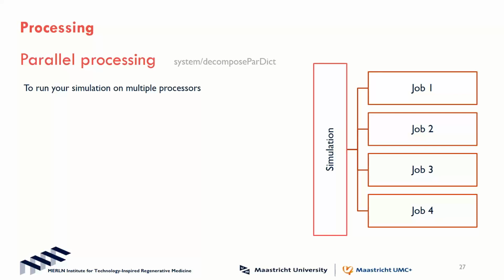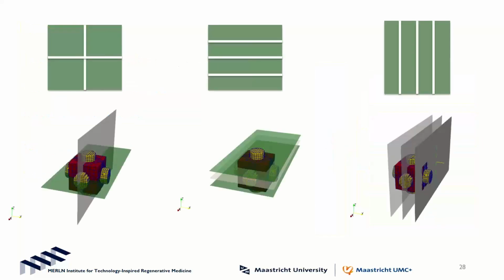So you can take your big job and divide it into multiple jobs, and then it communicates with each processor. But of course, it is limited by the number of processors you have, and which method to use. By method, I mean this. So you decompose your domain into different sections, and then each section will do its own part of the equations.